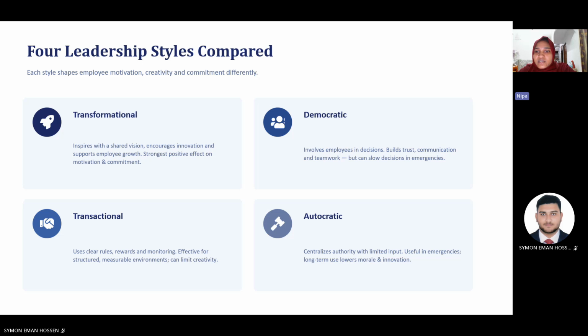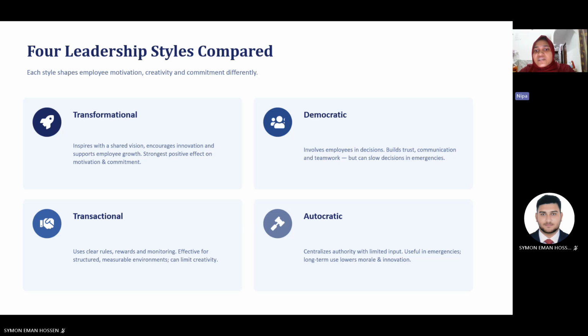This is the style the literature found most effective. Democratic leaders involve employees in decision making, which builds trust and teamwork, though it can slow decisions in emergencies.